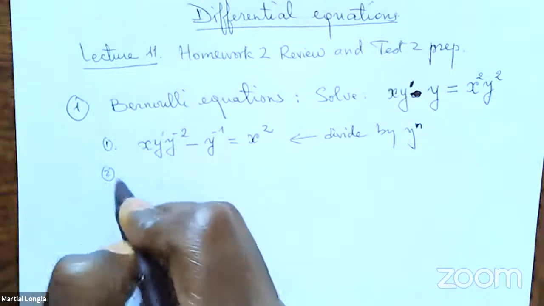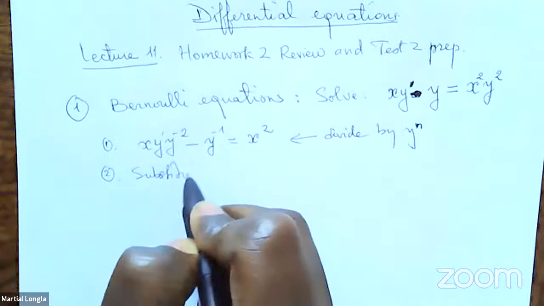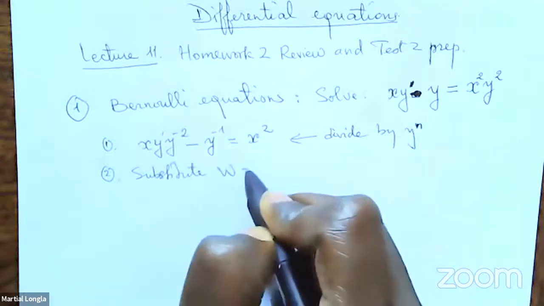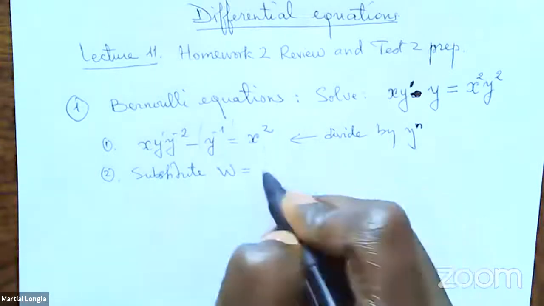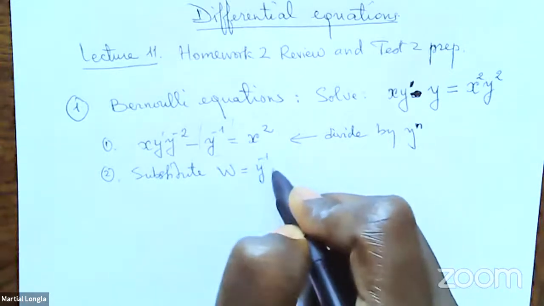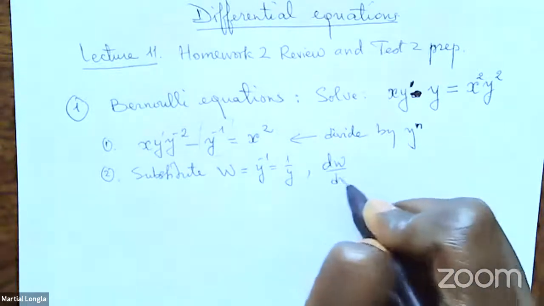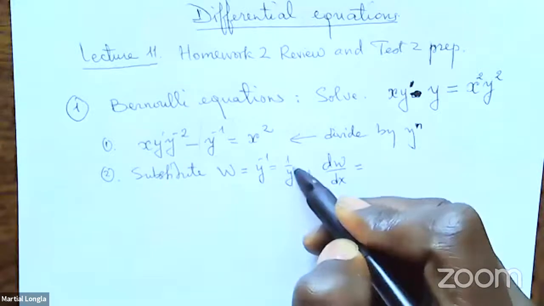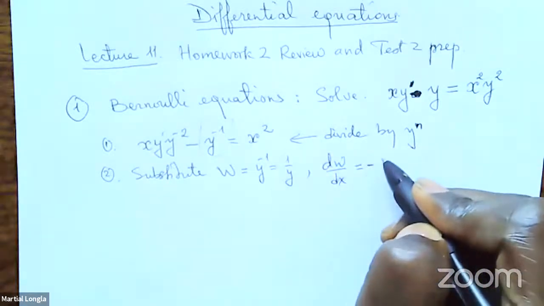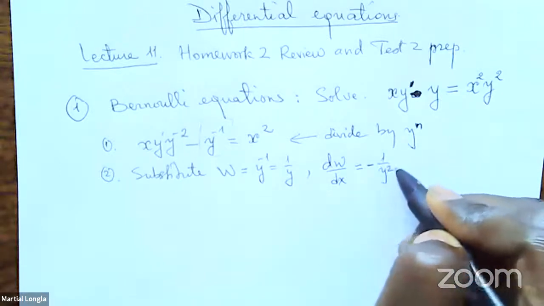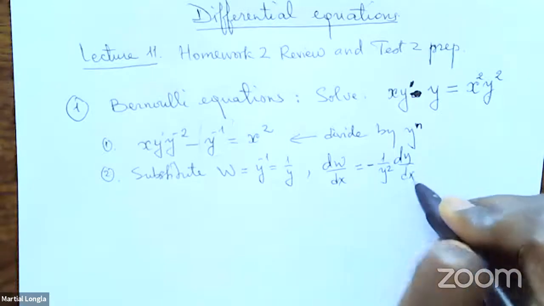In your next step, you're gonna substitute w equals what you got here, and that is y to the power minus 1, which is 1 over y. And then you gotta find dw over dx, which is derivative of this. The derivative of 1 over y is minus 1 over y squared times derivative of y, which is dy over dx.